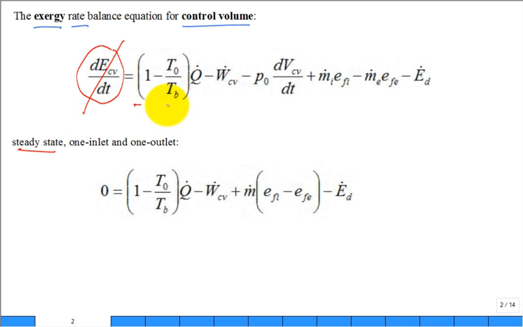Then you could have Exergy transfer with heat transfer. Sometimes you put a dot on it to say it's a rate, sometimes you leave it off. You just have to be cautious of what we're describing. Because this has a dot on it, maybe we leave a dot right there. So it's a rate of heat transfer, and then we have a simpler expression for it. That's the rate of Exergy transfer with the heat transfer.